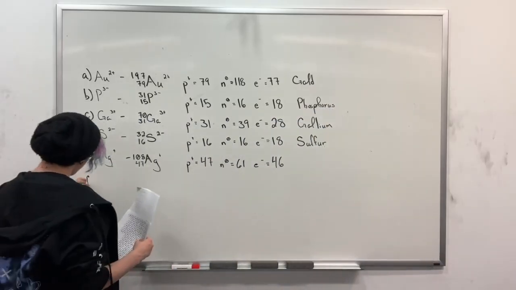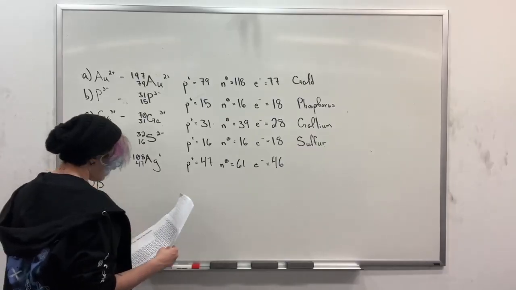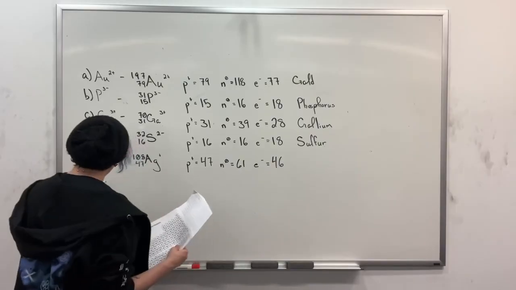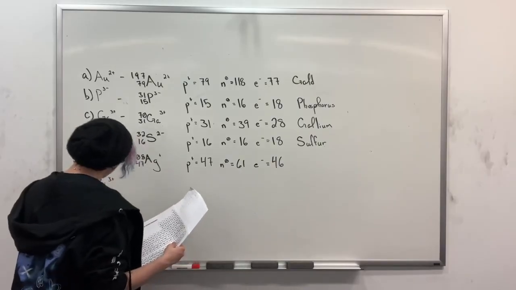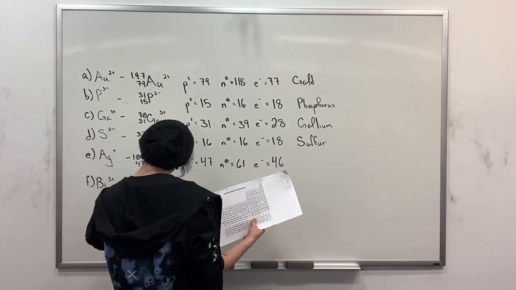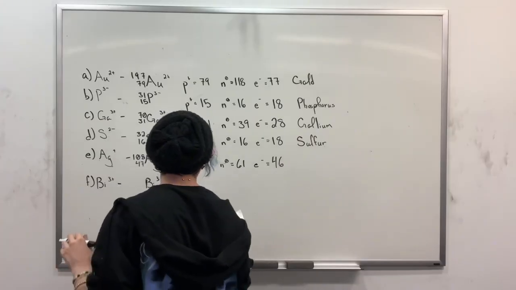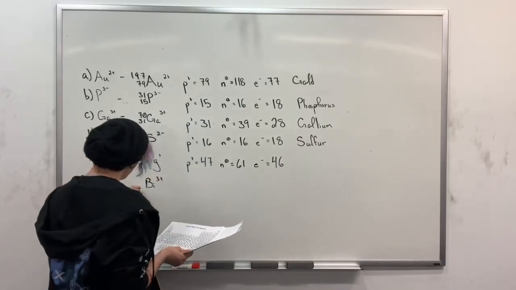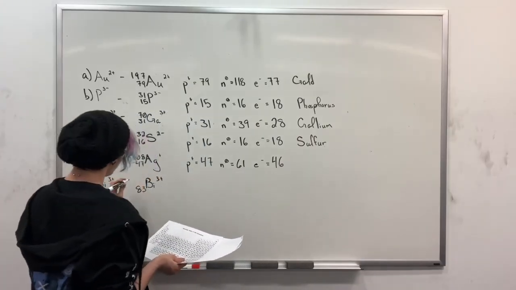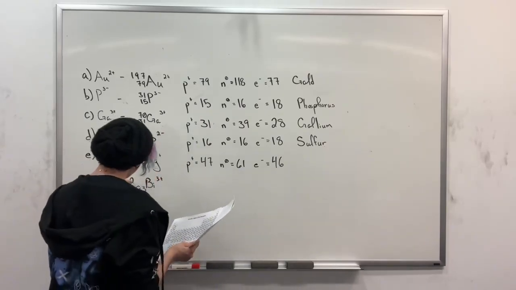So F was bromine, nope, B, oh, so the bismuth, 3 plus. So Bi 3 plus. Bismuth is going to be number 83 on the periodic table, and it has a mass of about 209.